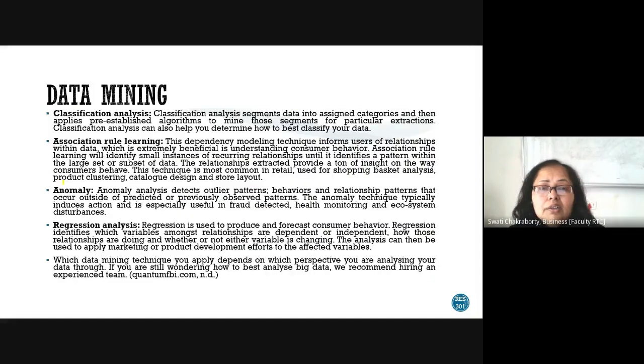First comes classification analysis, where the data is segmented into assigned categories and then pre-established algorithms are applied to mine those segments for particular extractions. It helps us in determining how to best classify data.